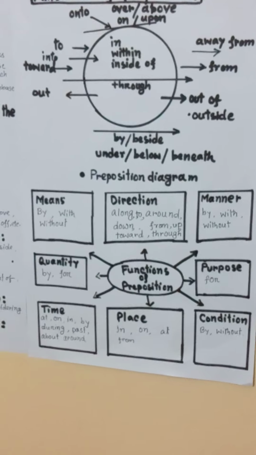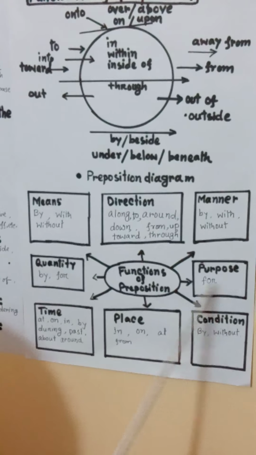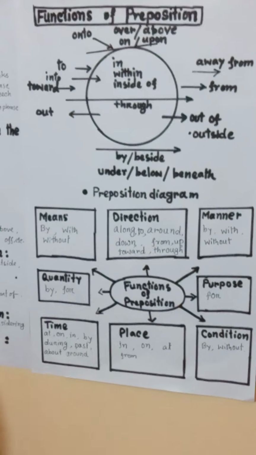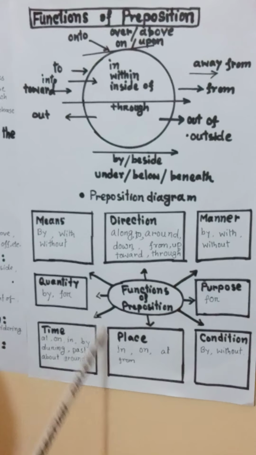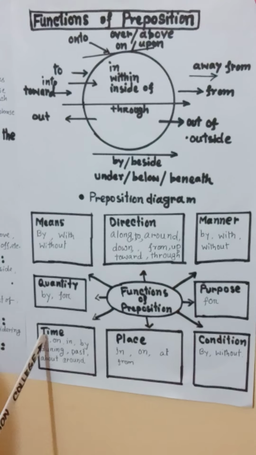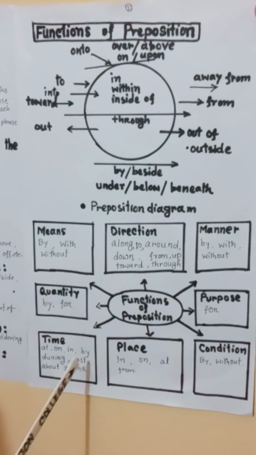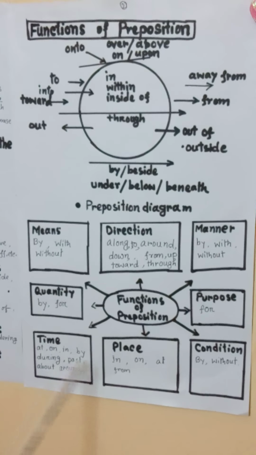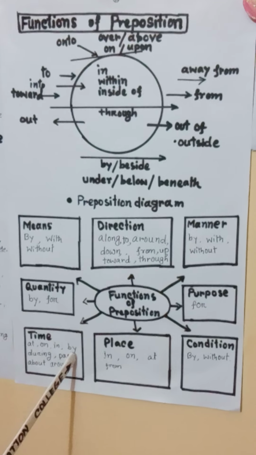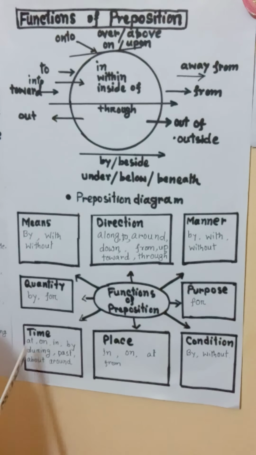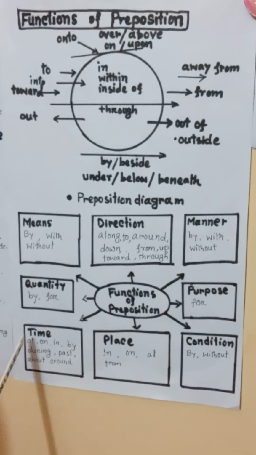Then purpose. Purpose means aim, যেটাকে আমরা বাংলায় বলি উদ্দেশ্য। For is a very common word. For. Time. At, on, in, by, during, past, about, around, and so on. There are so many examples using these prepositions to express time. Specific time.